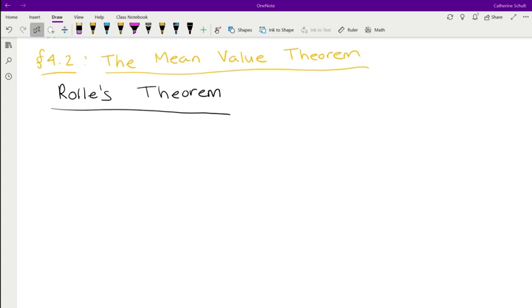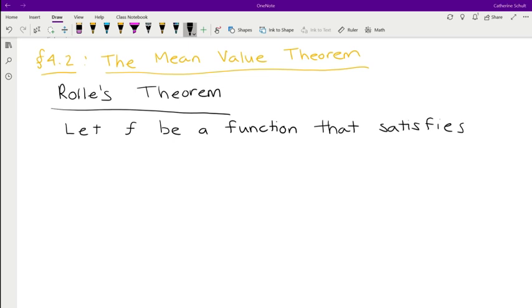We're going to require a few things for this. So we're going to let f be a function that satisfies three hypotheses.